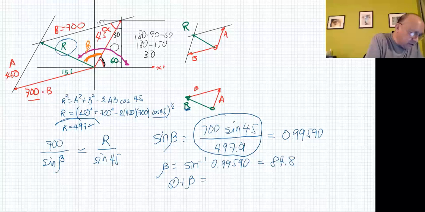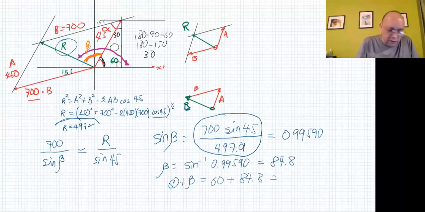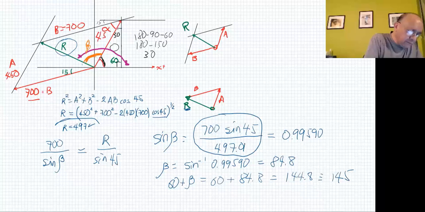That's the actual answer. It's 60 plus 84.8. So this is equal to 144.8, 145. But the answer that I give you is 155.